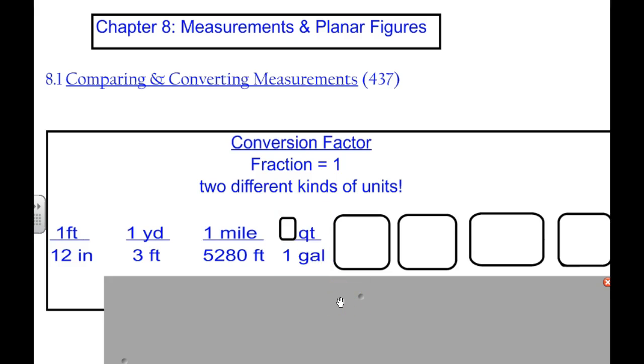Quarts in a gallon. 1 gallon has 4 quarts. Good job. 4. And the word quart itself means a quarter, right? A quarter of something, a fourth. So that helps. 1 quart. Do you know how many pints are in a quart? 2 pints.